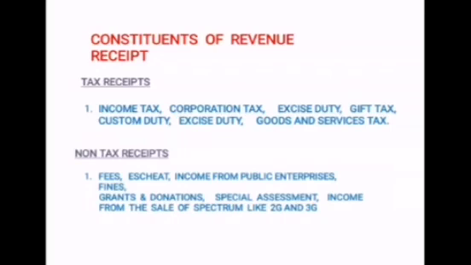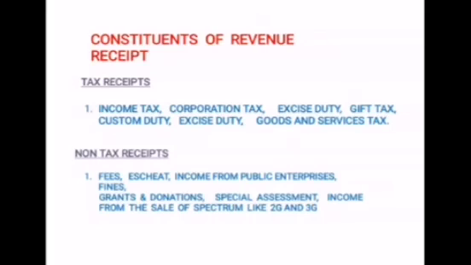the points which come under tax receipt. The first is income tax, and we all know very well that this tax is collected by the government from the people or from the entrepreneurs.